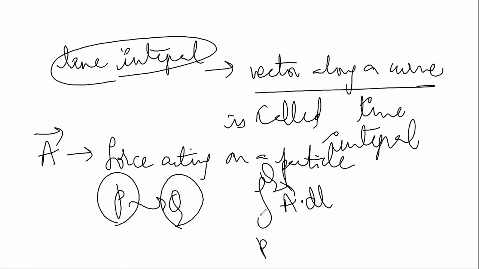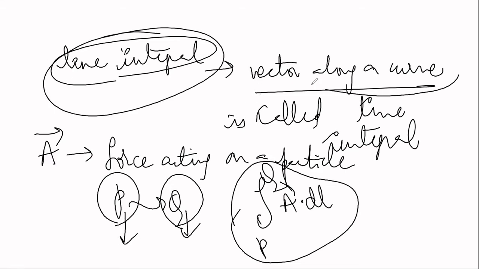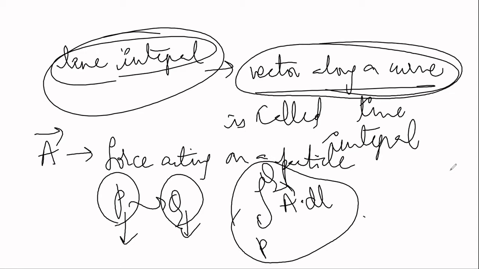This is called line integral. So this is the significance of line integral: integrating a vector along a curve.